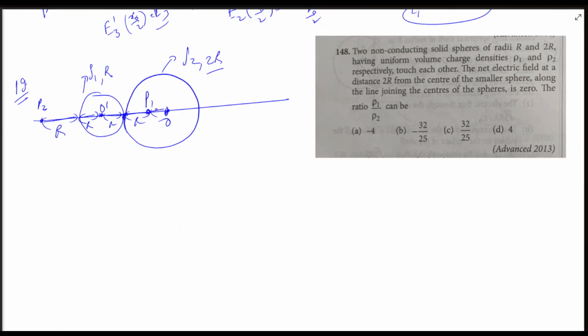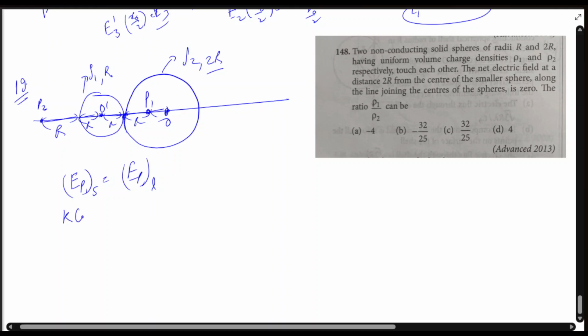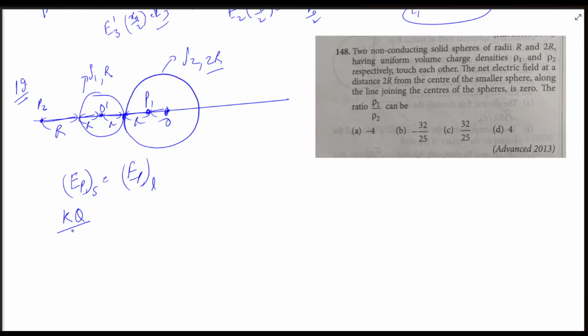Now the electric field at P1 due to the smaller sphere will be equal to the electric field at P1 due to the larger sphere. So due to the small sphere it will be simply KQ by 2r square, right?